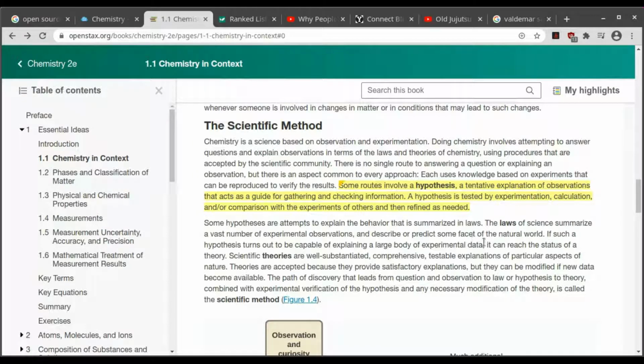So we've got hypothesis, law. It says laws of science summarize a vast number of experimental observations and describe or predict. So, right. So we're going to highlight this, and we're going to give this one laws.